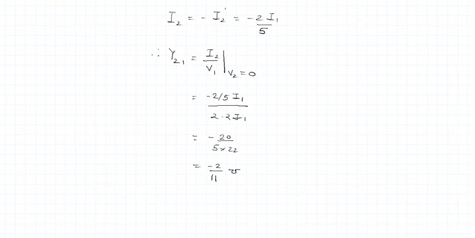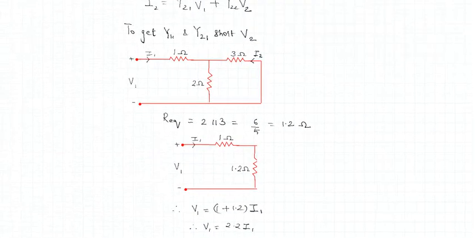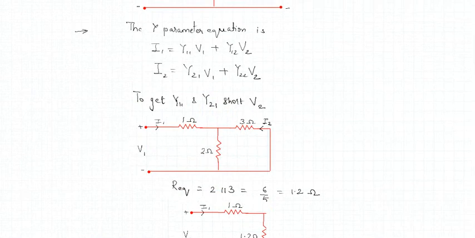So what we have done is, we have found only two parameters of Y, which were Y11 and Y21, and we found these two Y parameters by shorting the output port V2. So we short circuited the output port, and with this we calculated Y11 and Y21. Now what we are left to calculate is Y12 and Y22.